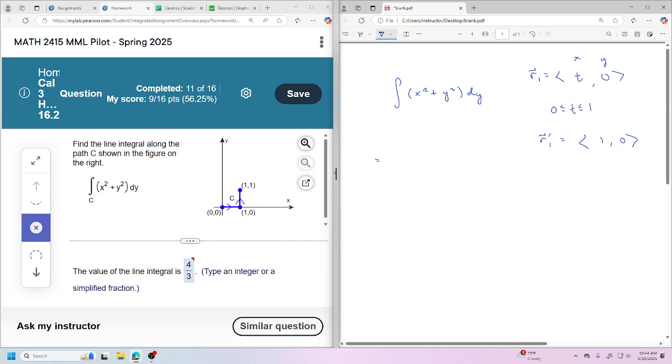Okay. And so what we have here is a dx and a dy. And so I am going to plug it in directly. What you see is what you get. Here we go. I have x squared, and so that would be a t squared. I have y squared, so that's going to be a 0 squared. And then dy is 0.